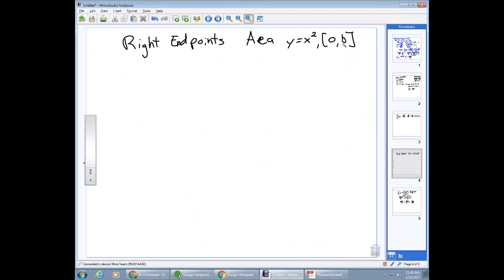We'll simplify the problem a little and bring in a in a minute. My delta x is b divided by n equal subintervals.